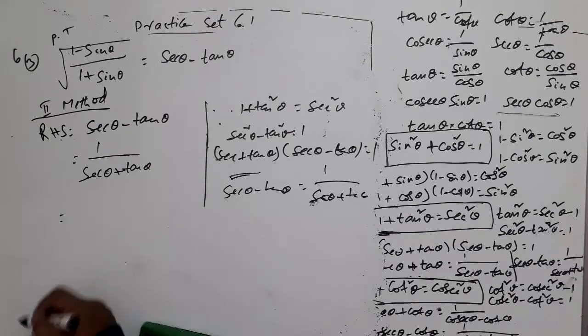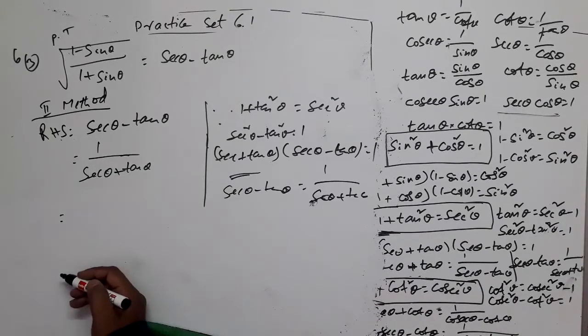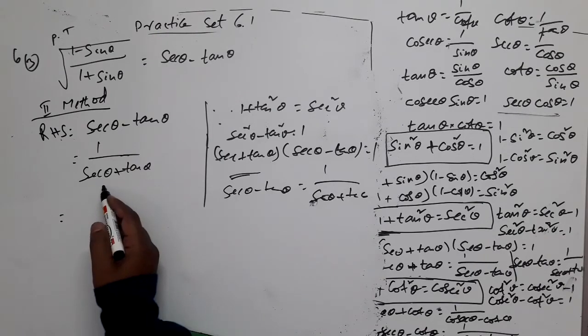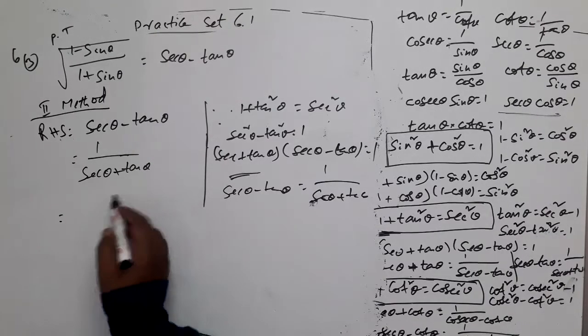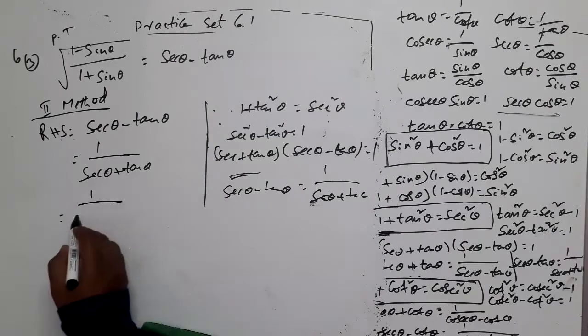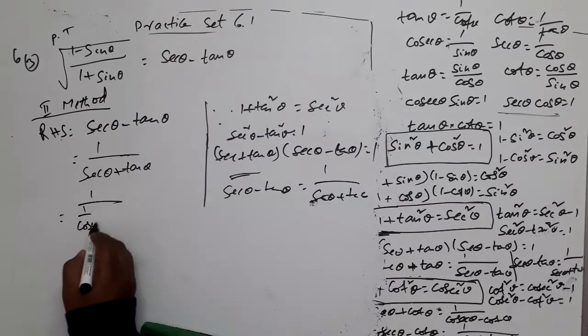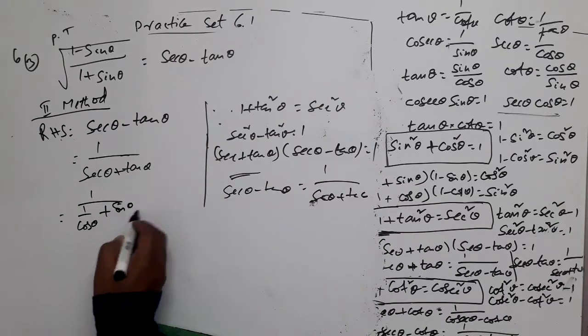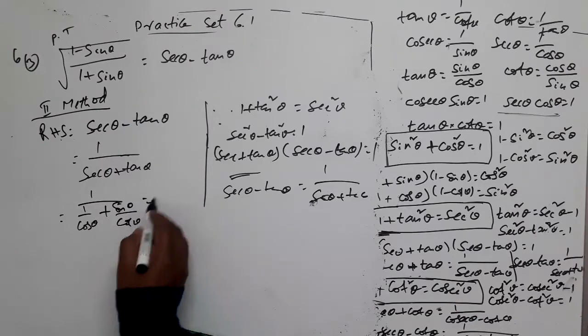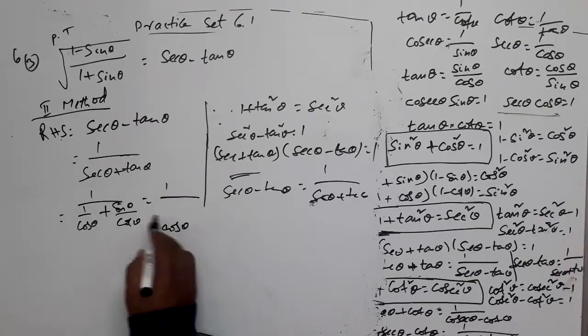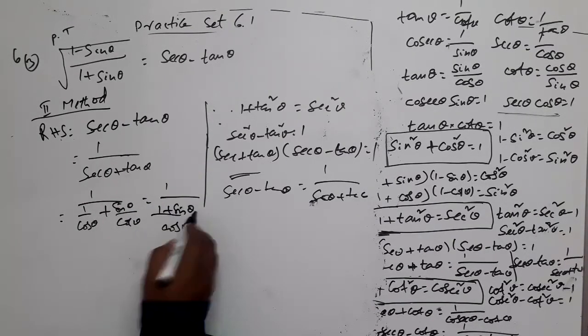Let us simplify further. This is 1 by cos, this is sin by cos. So this will be 1 by cos theta plus sin theta by cos theta. LCM will be cos theta here, numerator will be 1 plus sin theta.